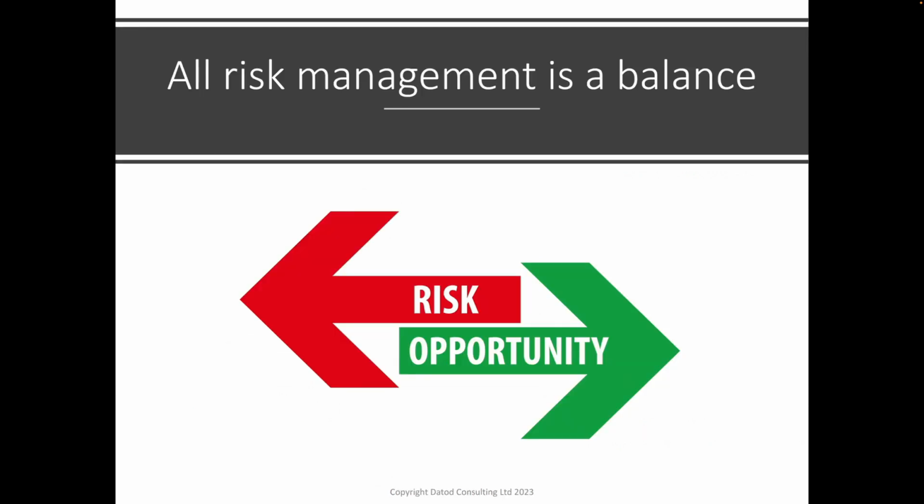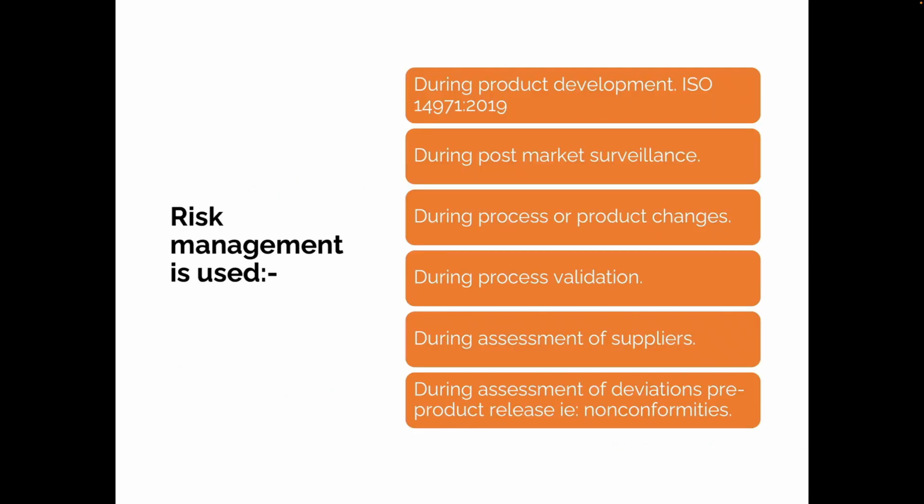So again, it's all about risk management, all about how you manage this balance between the products. It's used in post-market surveillance, in understanding what the signals from the field are telling you in terms of risk and the impact to your patients. It's used in change management: if you make changes to your product or process, you need to assess the risk and impact of those changes.